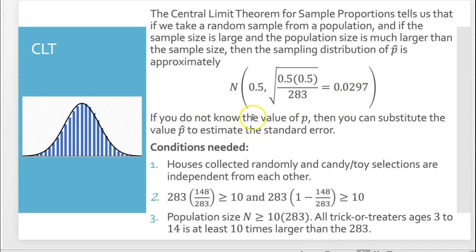And if you don't know the value of p, you can substitute p hat to estimate the standard error. So we don't know the value of p, but I'm going to plug in a half and ask, how likely is it that we observe that sample proportion?